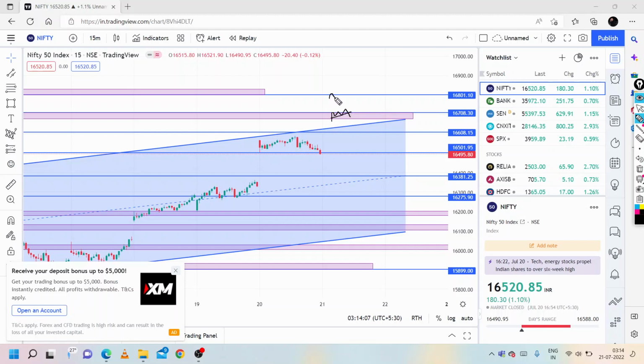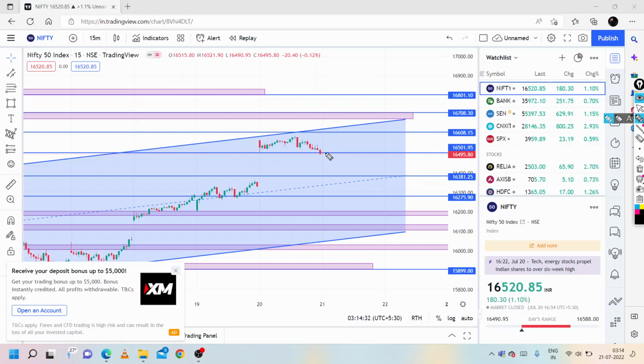Similarly for here, any rejection pattern or trend reversal pattern, I'll take a short trade. I'll keep a stop loss of 20 to 30 points maximum on the chart. That will be around 15 to 20 points on options. And I'll look for a short side opportunity. The targets are also given if you are taking a short.